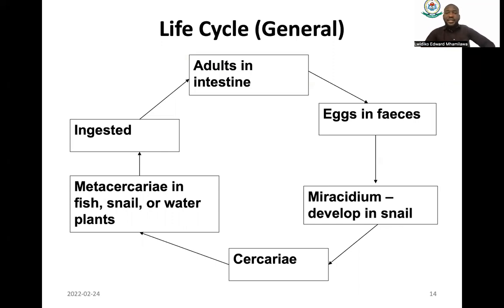They make eggs in the feces, and the eggs develop miracidium in the snail, and then the miracidium in the snail develop into cercariae, and then the cercariae develop into metacercariae. But this metacercaria stage is inside the fish, snail, or water plants. Here it is in the snail. So the cercariae get out and get into the metacercariae stage, and then get ingested by human beings, and get into the adult intestine, and then it is a cycle that continues like that.